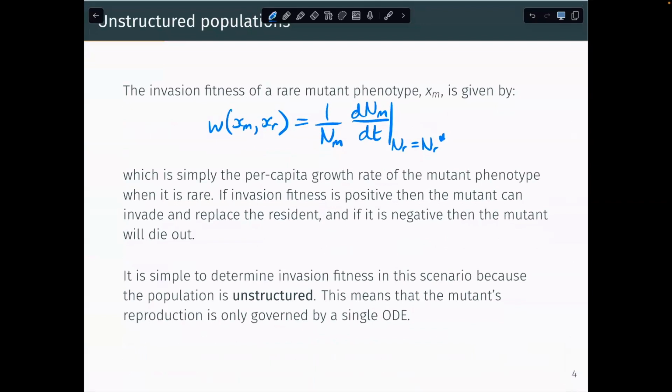So I've added a second equation now. We'd have a dNr/dt and a dNm/dt. And that dNm/dt is evaluated at our resident equilibrium. Okay, we can do this because the population is unstructured. In other words, the new mutants are only produced by a single ODE.